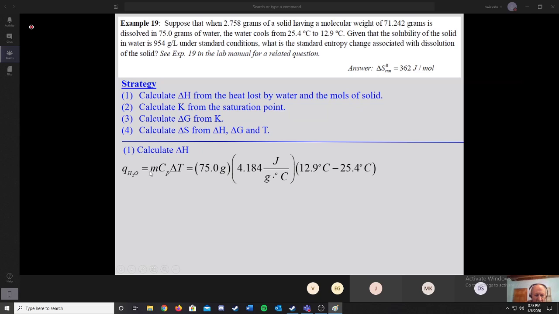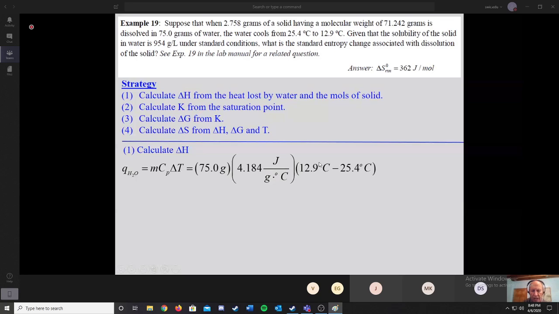So we use the standard mass times the specific heat times delta T. Mass is 75 grams. The specific heat is in tables. We're using joules. So it's 4.184 joules per gram degree C. And then multiply that by the temp change, where the final temp is always listed first.